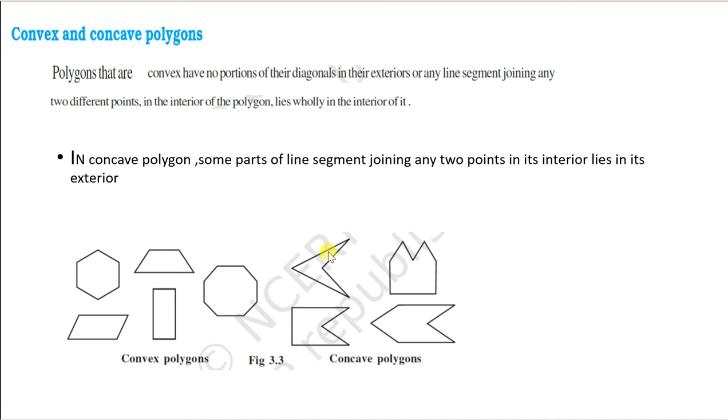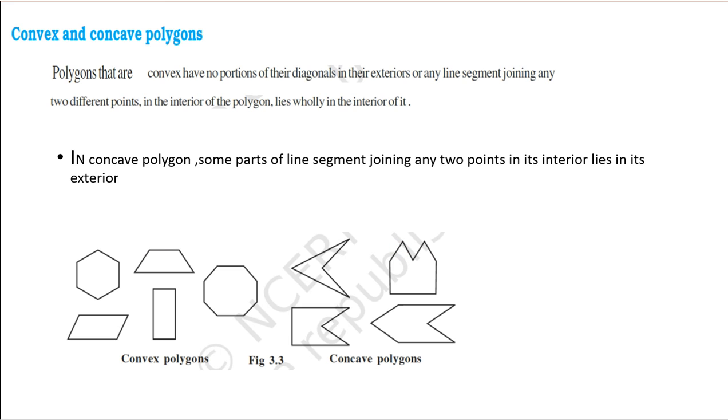So if you take 2 points in this figure here, one at this point and another here, and join them, then some portion of it will always lie outside the polygon. Similarly, if you take 1 point here and 1 point here and join them by a line segment, then again some part will lie outside its interior.